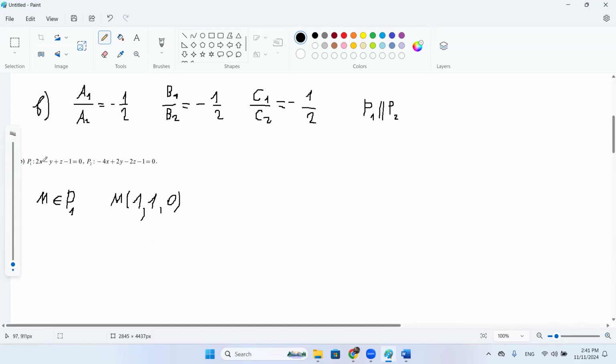If we substitute, 2 minus 1 plus 0 minus 1 equals 0. So a nice point, quite convenient for evaluation. So the distance between planes P1 and P2 equals the distance between M and P2.